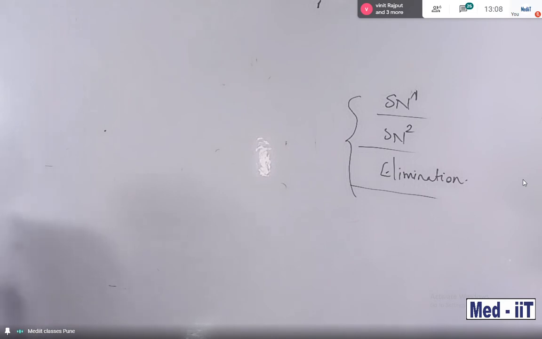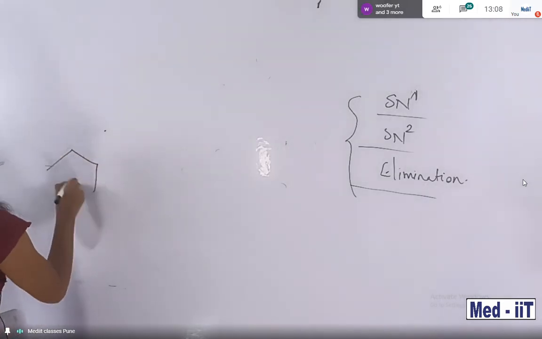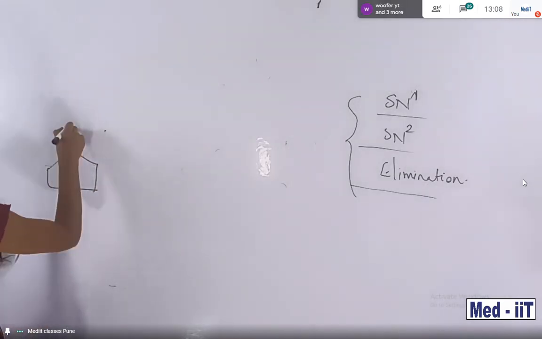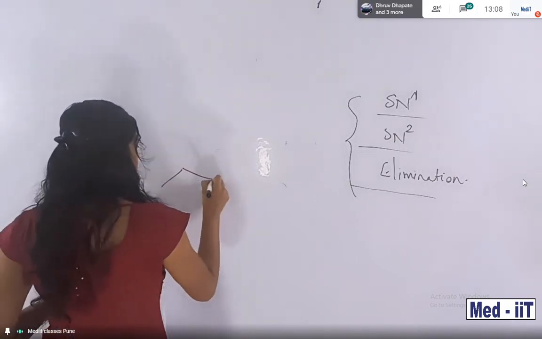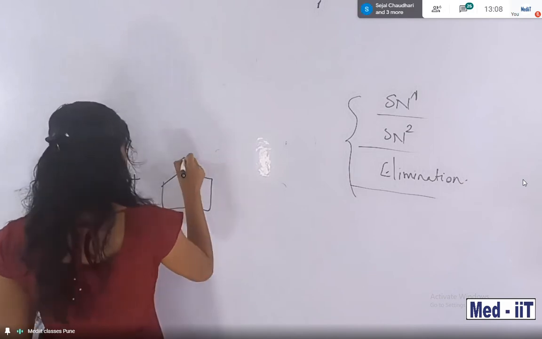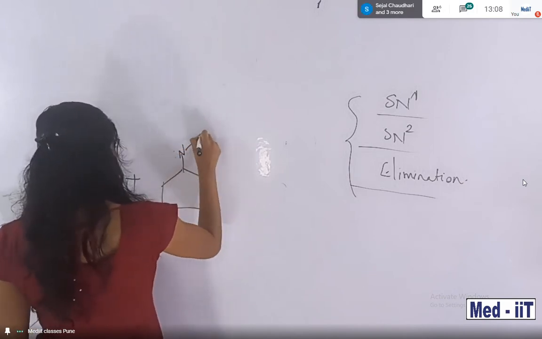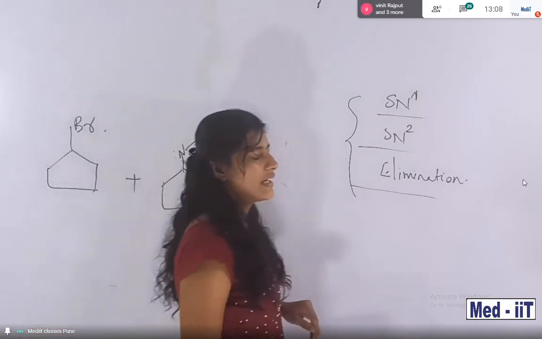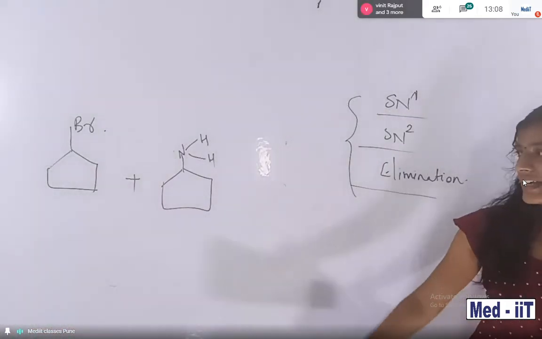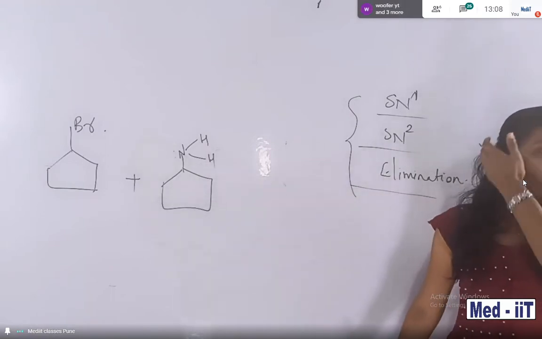Next one, students, very easy, but you can practice. Here is the bromine. It is reacted with another 5-membered cycle containing nitrogen. Look, students, we practiced a lot related to small things, but here it will become advanced.